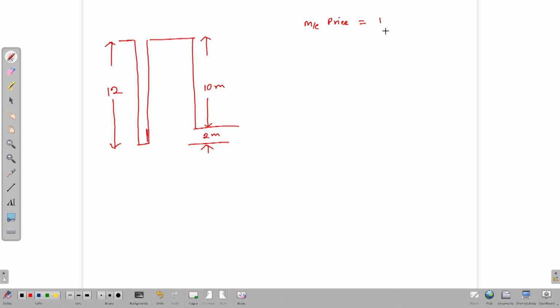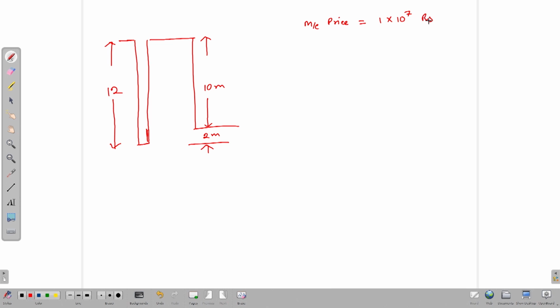Crore is an Indian term which is equal to 10 million. So, this is 1 into 10 to the power 7 rupees, the price of the drill machine.